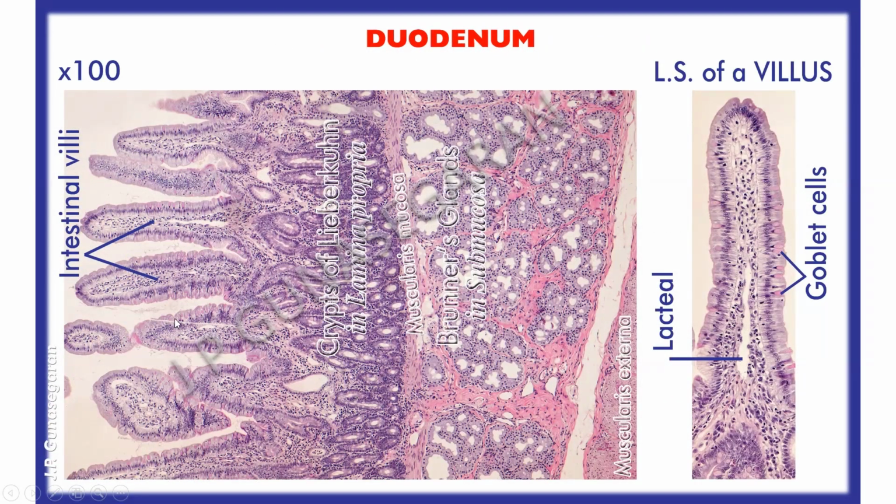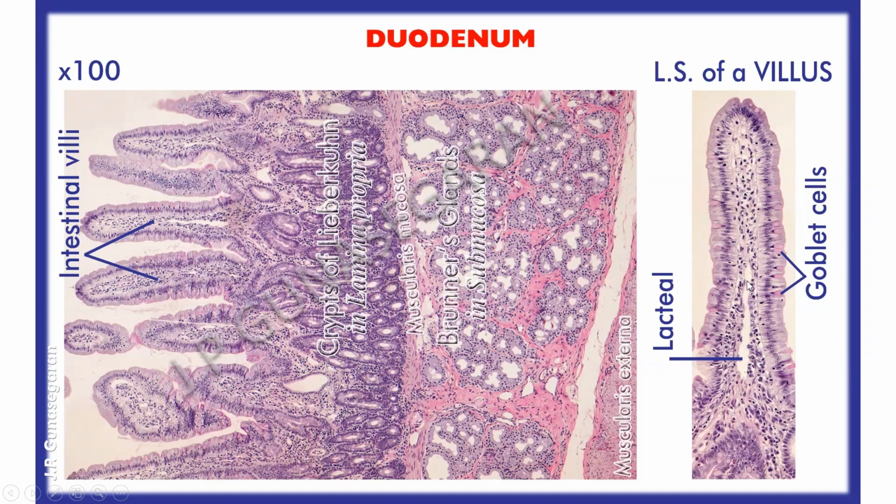This is a section of duodenum. The mucosa shows leaf-like intestinal villi lined by simple columnar epithelium with goblet cells. This is a longitudinal section of a villus where the goblet cells are clearly seen.